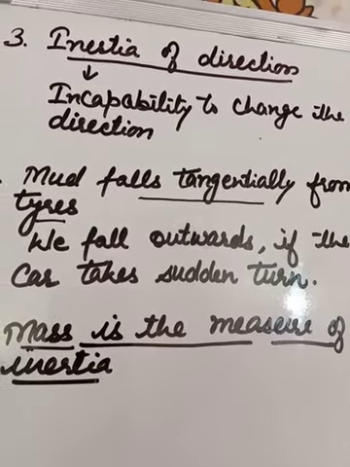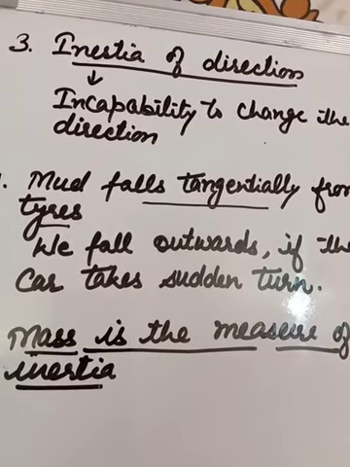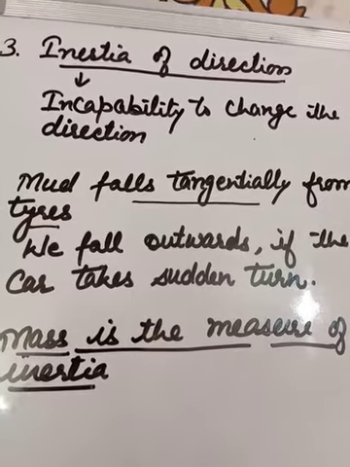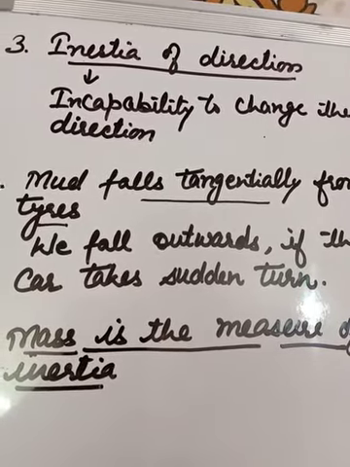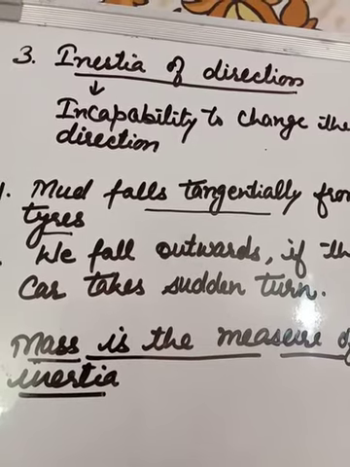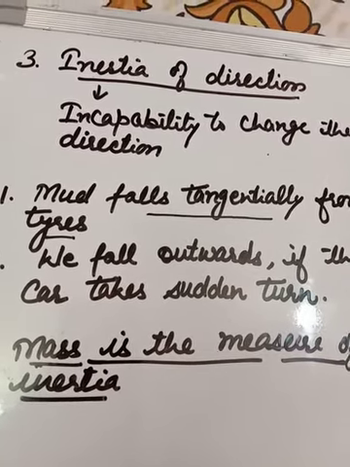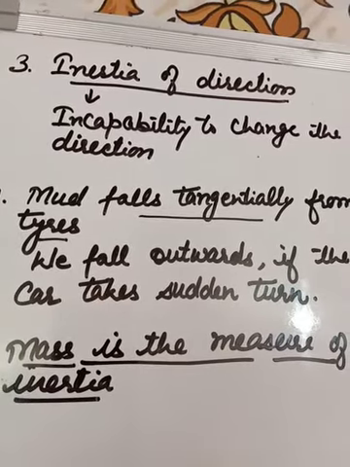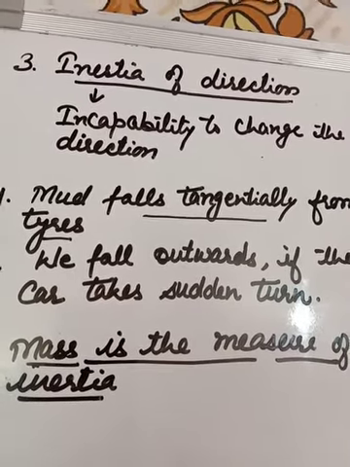For example, a train will have more inertia as compared to a bicycle. It would be much more difficult to move a train just by pushing it as compared to moving a bicycle. Similarly, a 5 rupee coin has more inertia as compared to a 1 rupee coin.